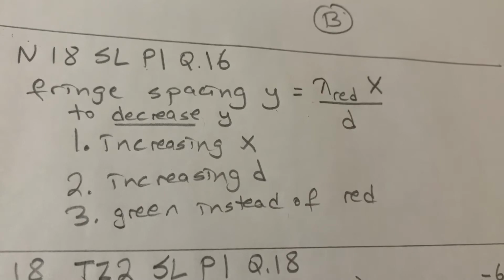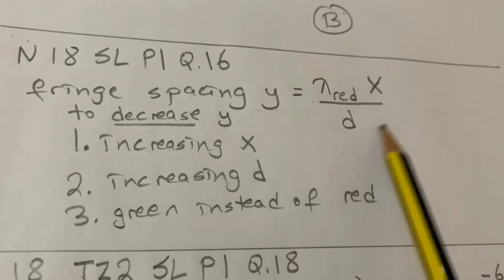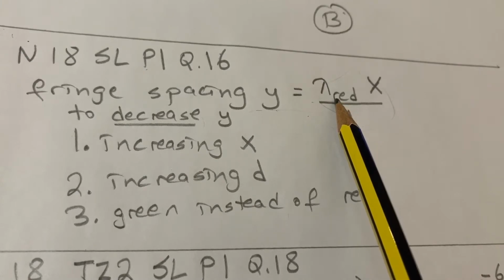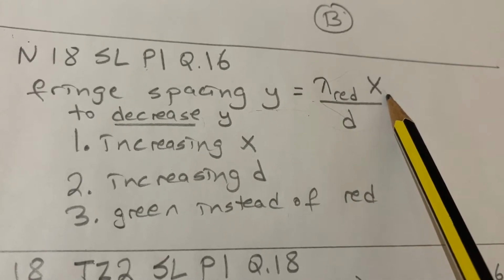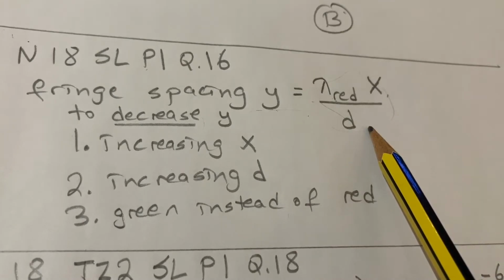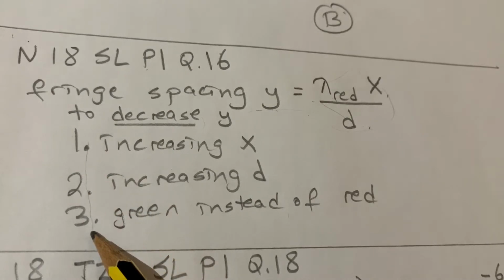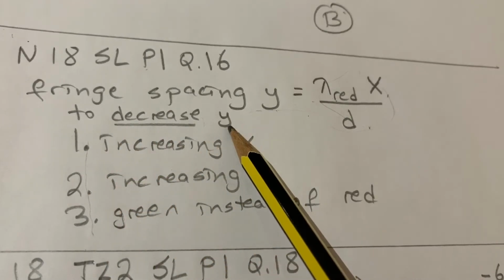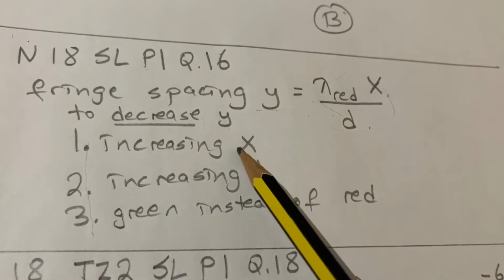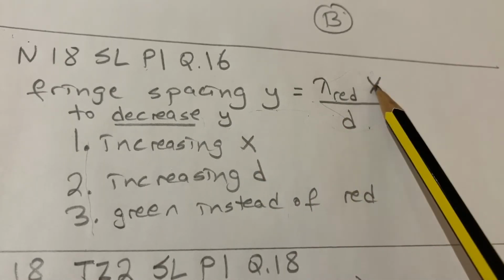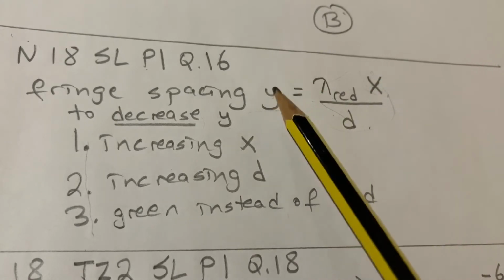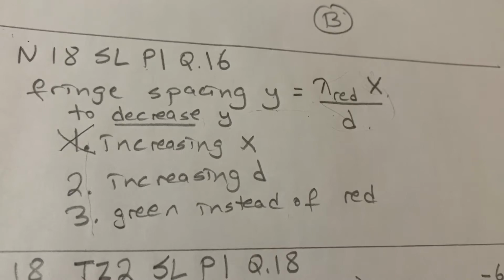Answer is B. The next multiple choice question from November 18 gives us a diagram, and we know the fringe separation is calculated by this. Initially, red light is used. The distance to the screen is given as S, and the separation of the sources is given as D. The question is asking which of these statements below would cause a decrease in Y. Now looking at this relationship, increasing X, since it's directly proportional with Y, would also increase Y, so this is not our answer.